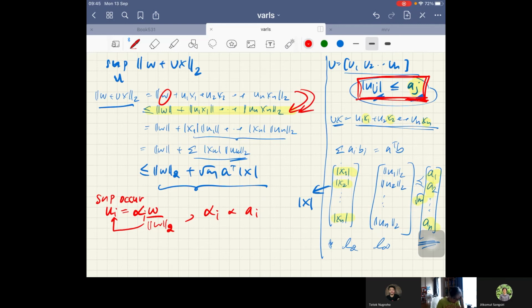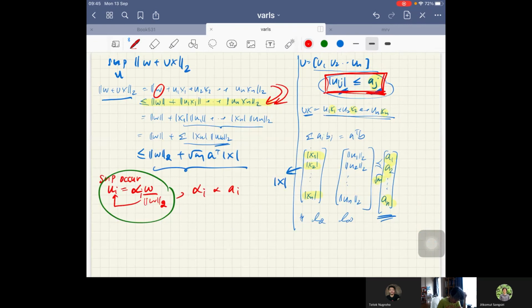All right. So the point here is that the supremum occurs when u_j is in the same direction as w. From this result, now we can go back. As we see, this is the worst case norm.